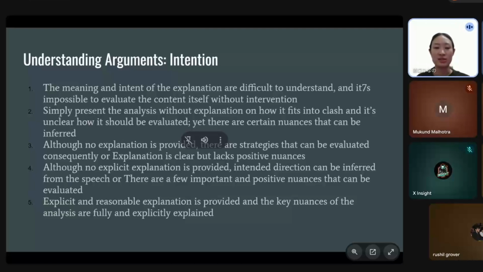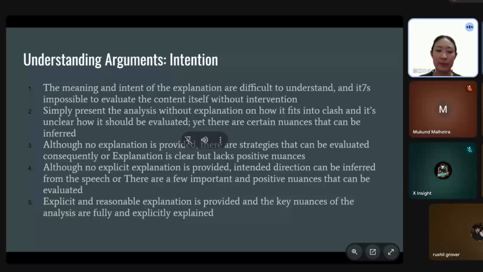Another example is that although they give a good extension, it is unclear how this extension will interact with the opening exchange, and it is unclear how they want to win by this extension, and that explanation was so rough.